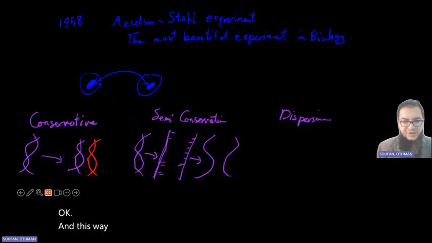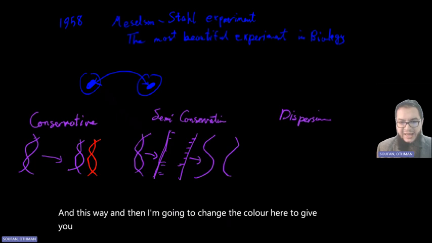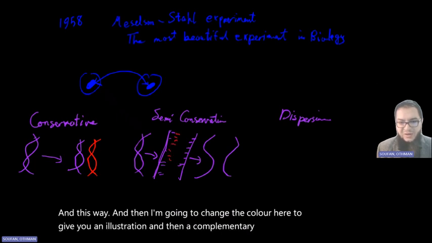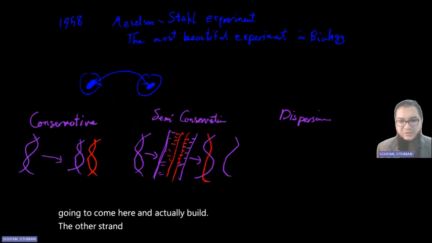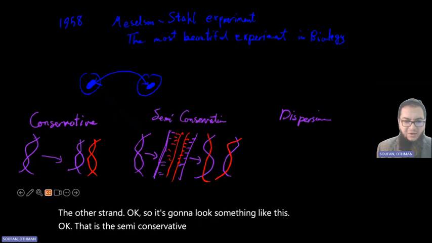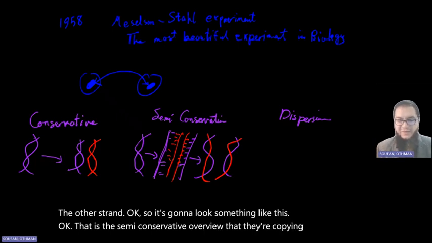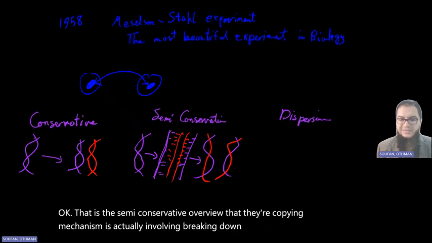I'm going to change the color here to give you an illustration. Then a complementary process is going to come here and build the other strand. So it's going to look something like this. That is the semi-conservative overview: the copying mechanism involves breaking down the double helix structure and doing the copying.